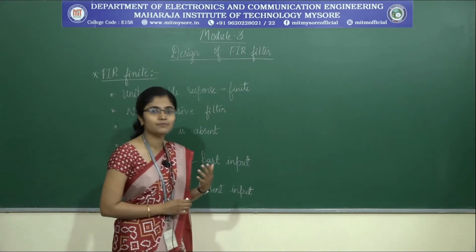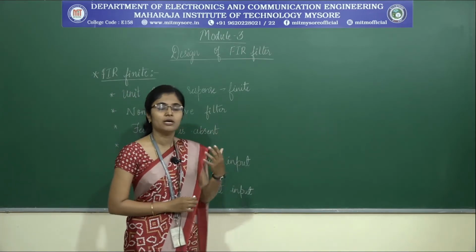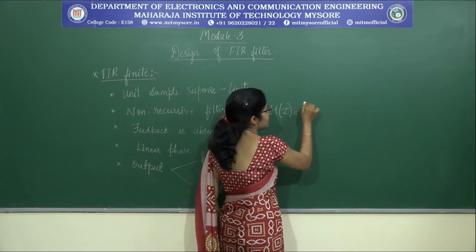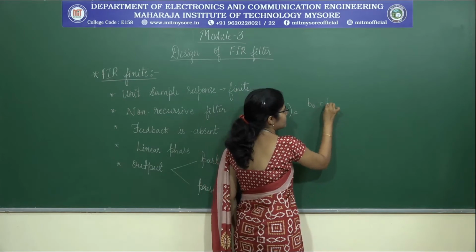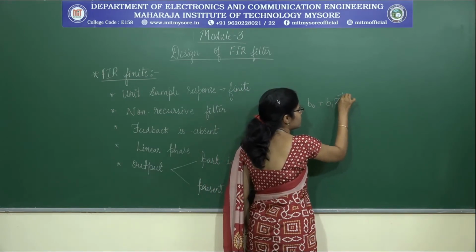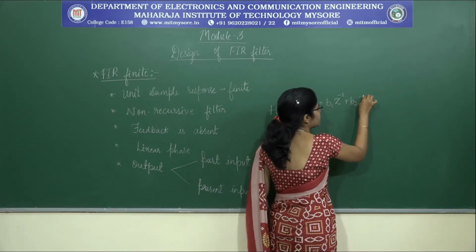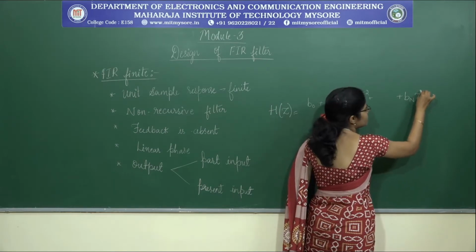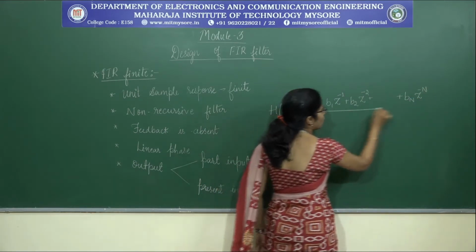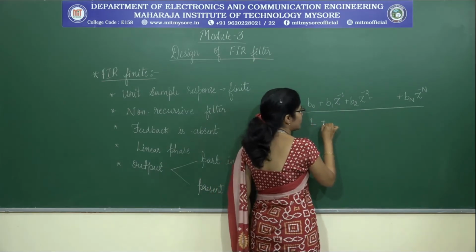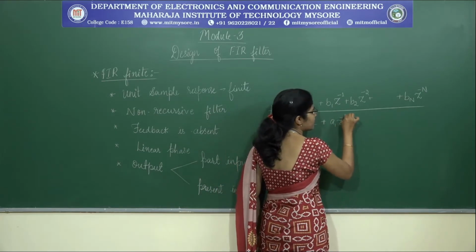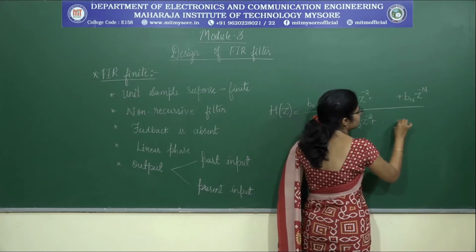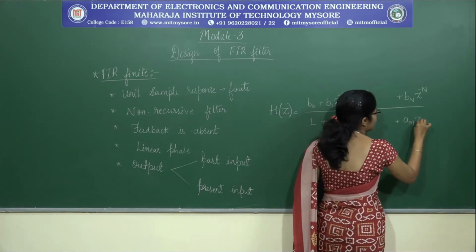So this is one more point which we need to know with respect to FIR filter. If I write the system function or the transfer function of a filter generally, we can write it as H of z equals b0 plus b1 into z inverse plus b2 into z power minus 2, similarly up to bn into z to the power of minus n, whole divided by 1 plus a1 into z power minus 1 plus a2 into z power minus 2, similarly up to am into z power minus m.